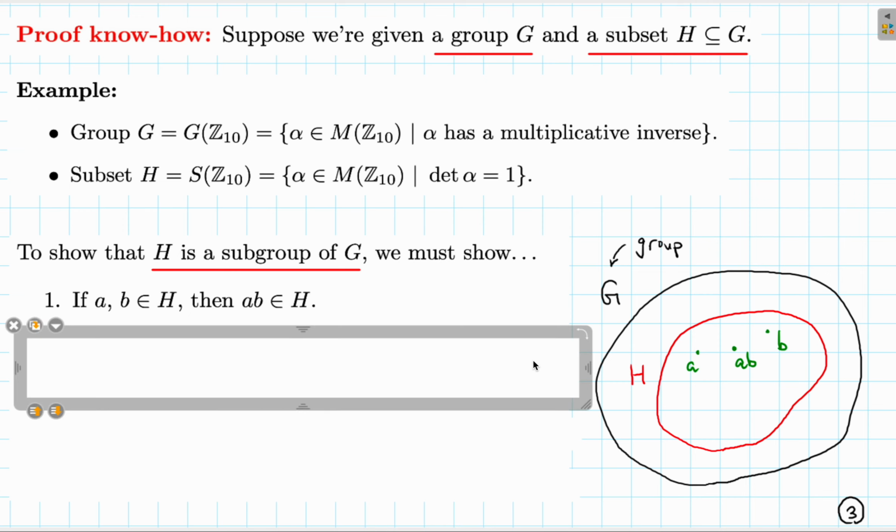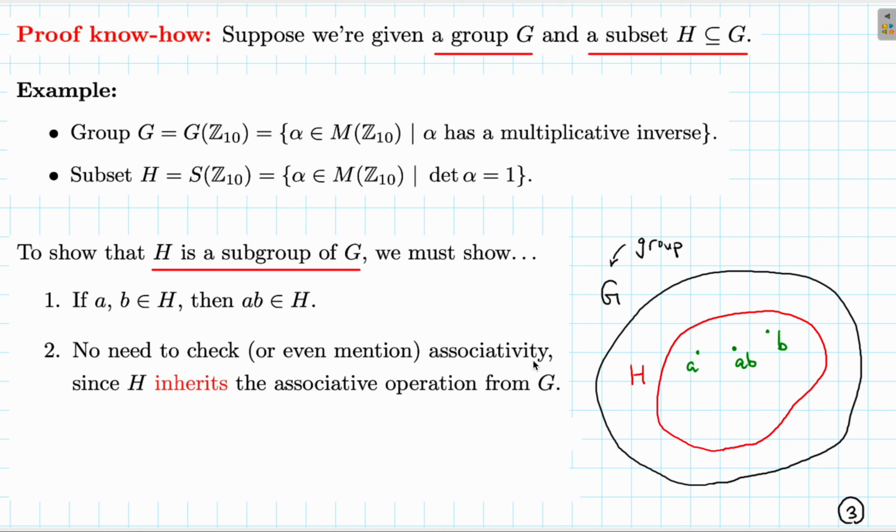What else do we need to show? Well, associativity. However, keep in mind, we already know G is a group, and that means the operation of G is already known to be associative. And H inherits that same operation from G. And therefore, we already know that associativity holds for H, because again, we're using the same operation that G uses.